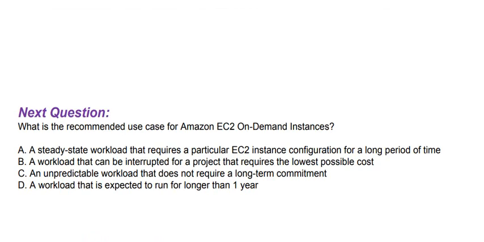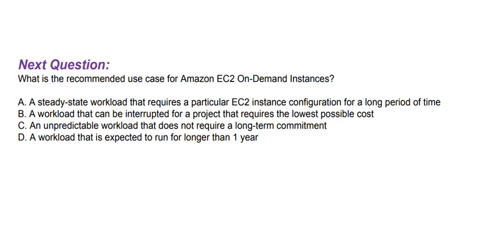Next question is, what is the recommended use case for Amazon EC2 on-demand instances? Option A, steady state workload that requires a particular EC2 instance configuration for a long period of time. Option B, a workload that can be interrupted for a project that requires the lowest possible cost.